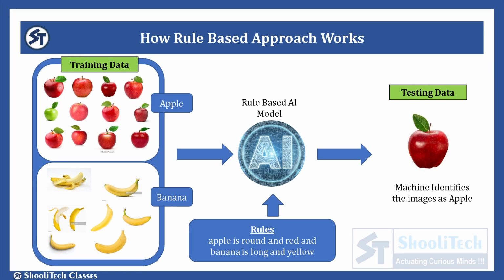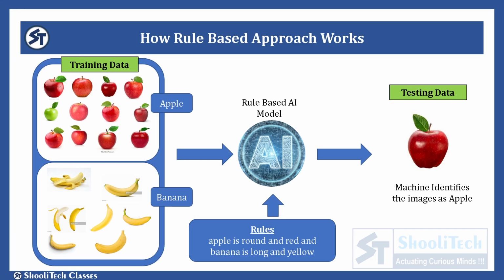Here the rules given to the machine are the labels given to each image in the training dataset. Also, we can give some more rules to identify the image, like the red and round images are for apples and long and yellow images are for bananas.